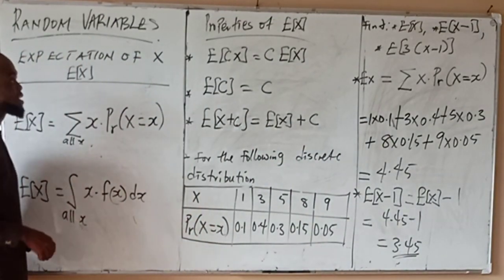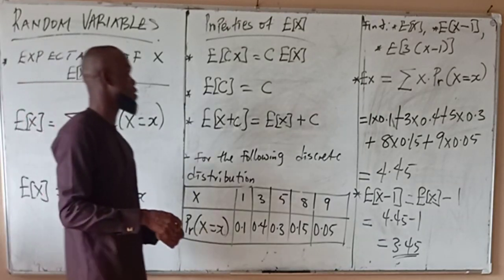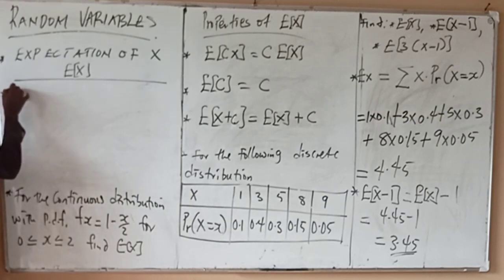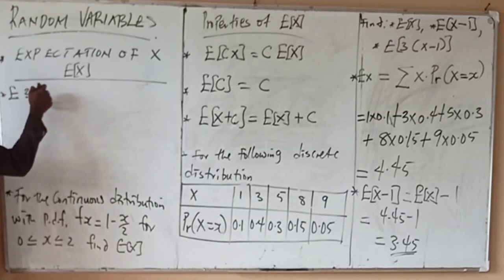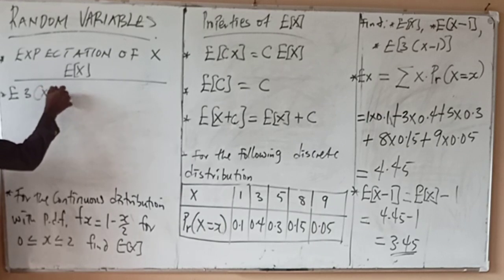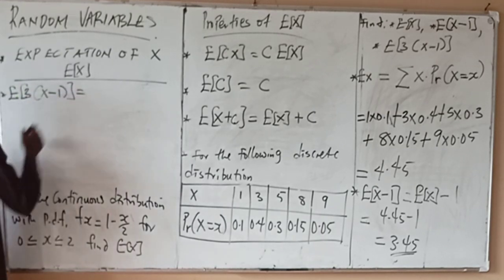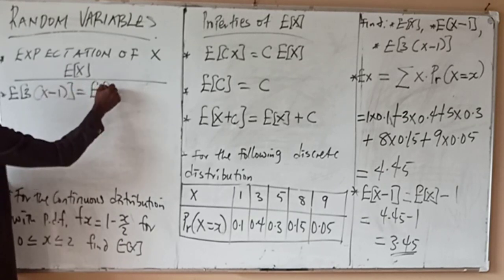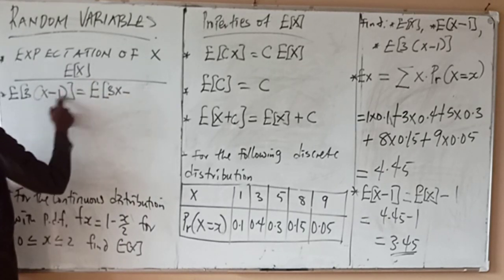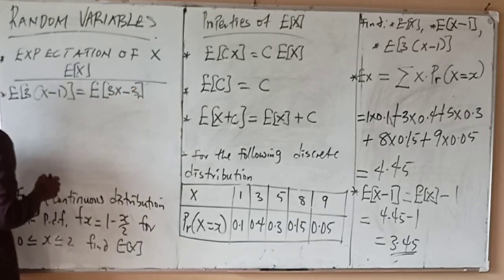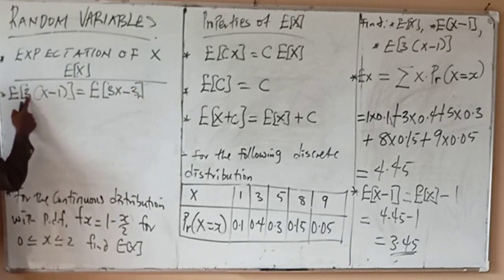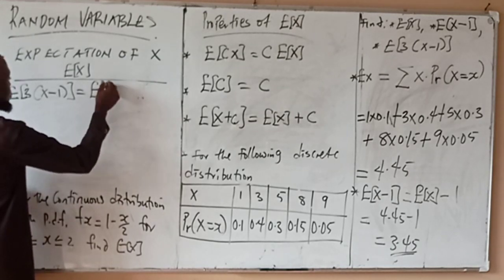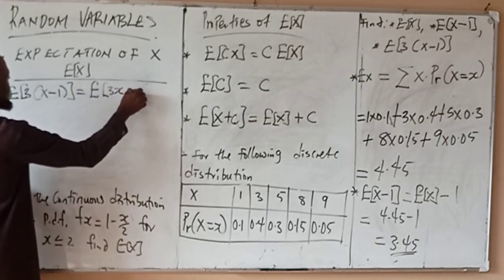Then the next one, the expectation of 3 bracket x minus 1. This will be the same thing as the expectation of 3 times x, 3 times 1, let's say 3x minus 3.